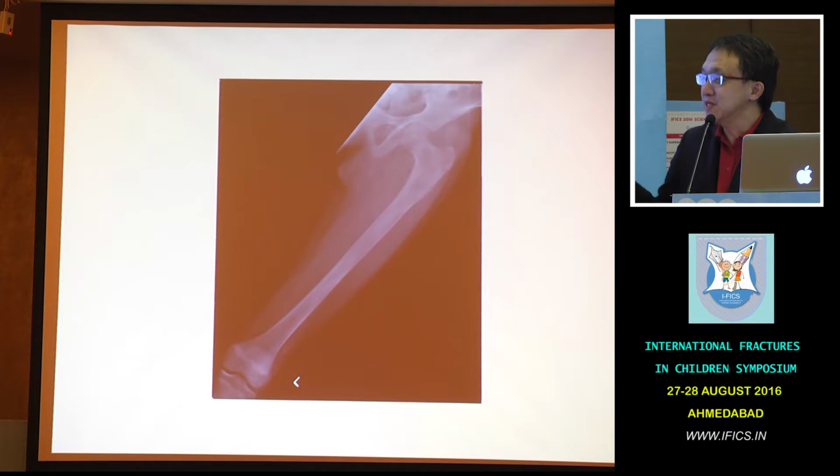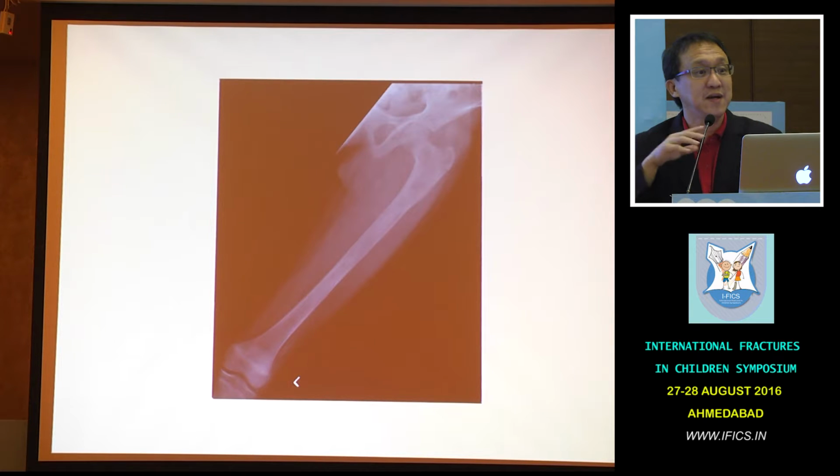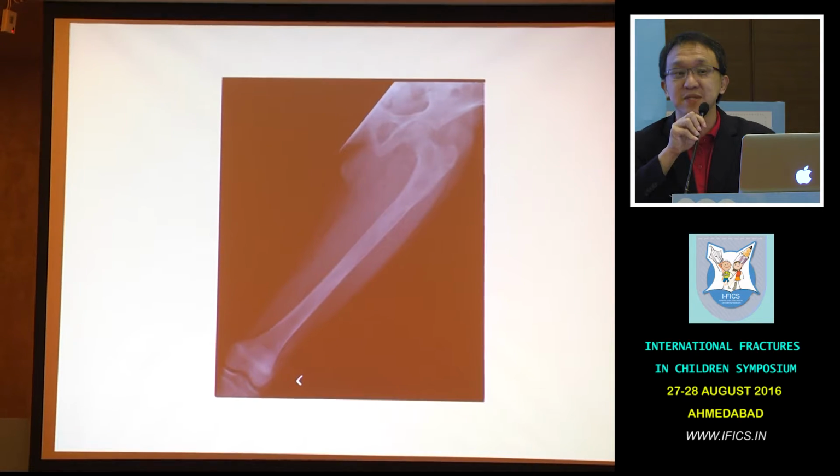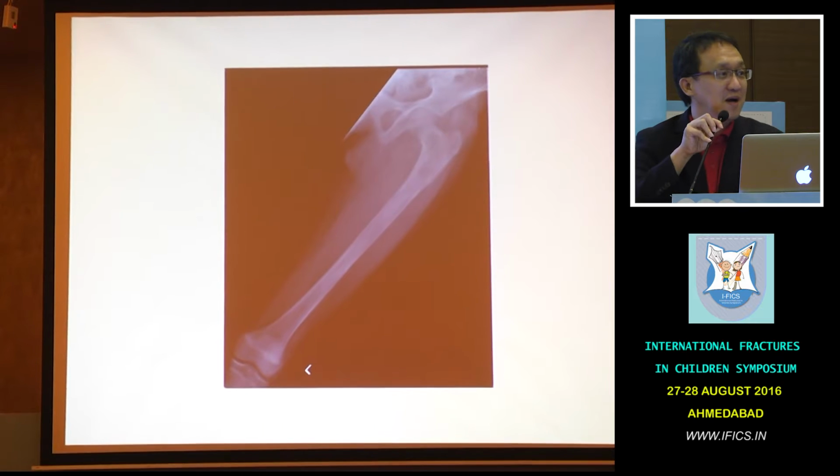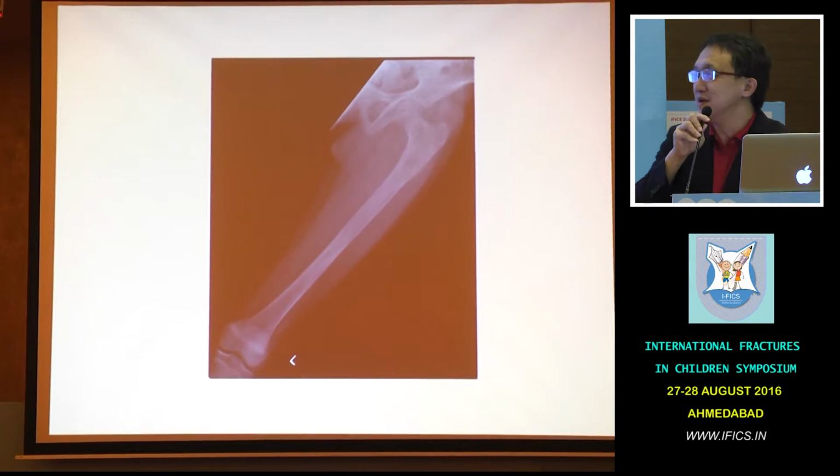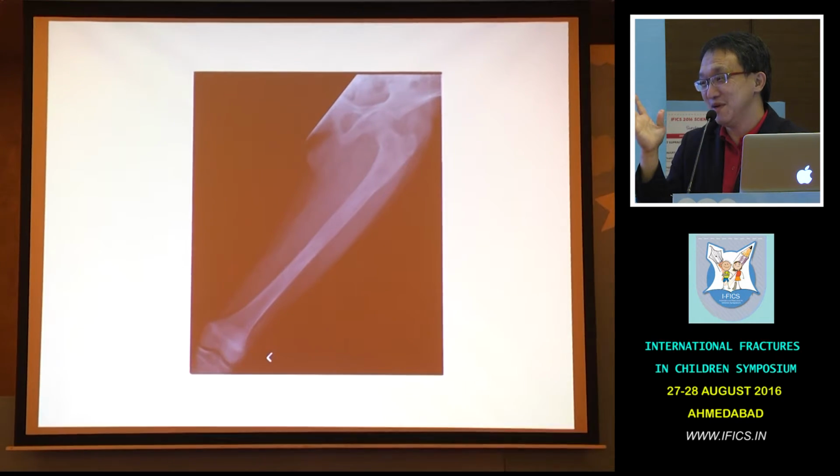So diagnosis? Is this monostotic, meaning it's only one bone? I think almost everyone will agree with that. Will everyone agree with that? Monostotic fibrous dysplasia? Okay, after this kind of survey, all right, I think we all agree.